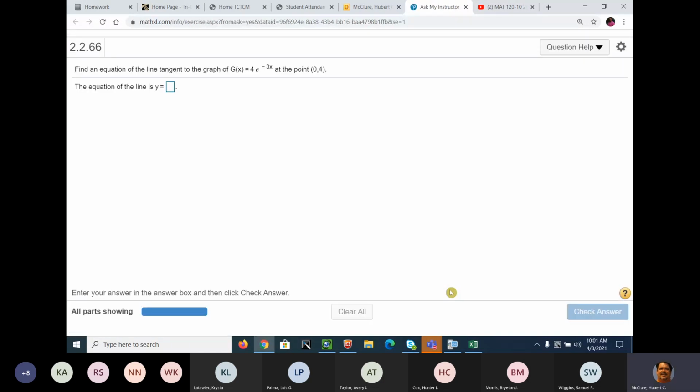Find an equation of the line tangent to... okay, this is the same type, it's just a different number. So you've got 3 of these in your notes. Okay, g of x is equal to... is this the same question? This is the same question. Oh, I'm sorry.